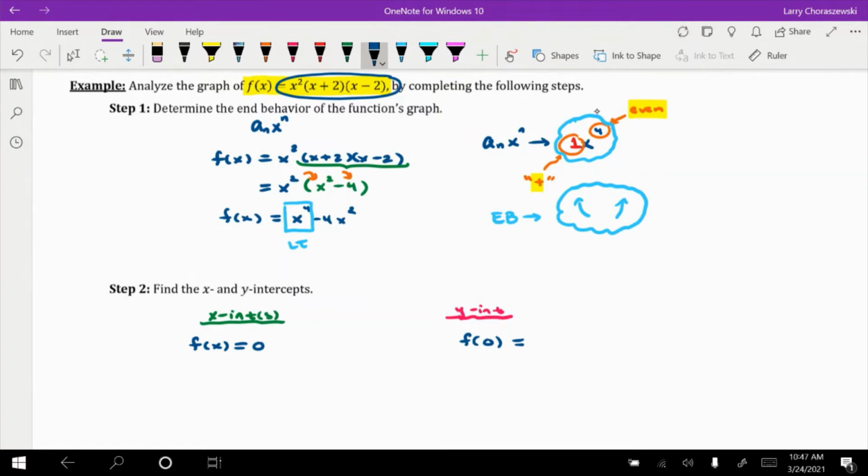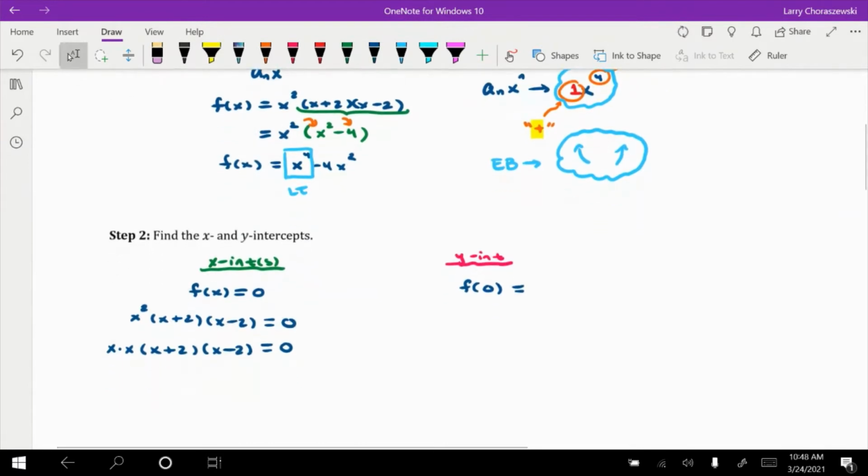So when you're solving f of x equals 0 for the x-intercepts, the more factored your polynomial function is, the better. It ends up leading to quicker math. And I'm actually going to split up x squared as x times x. All right, and we know that we would set each factor equal to 0 to solve for x.